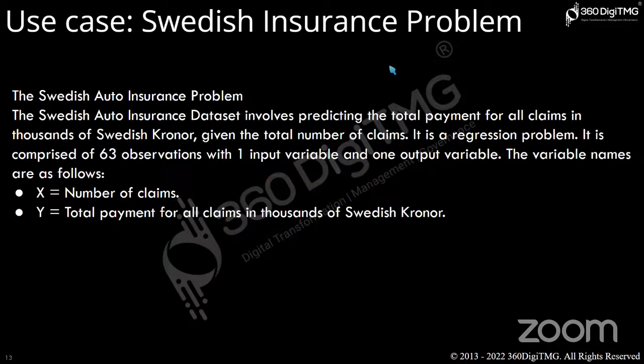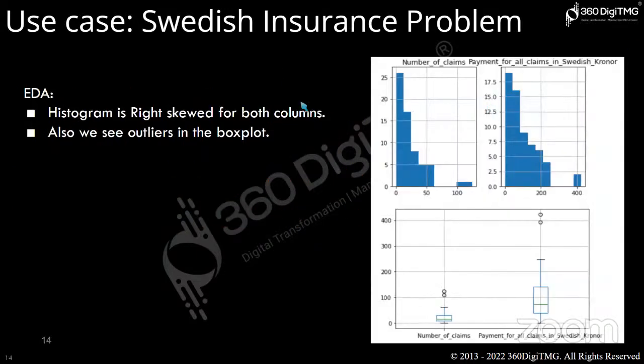So here I am showing you the EDA part. After doing EDA, we saw we had skewness in our data as well as outliers. As we know, regression problems assume the data to be normal. So data should be normal is one of the assumptions of a regression problem.